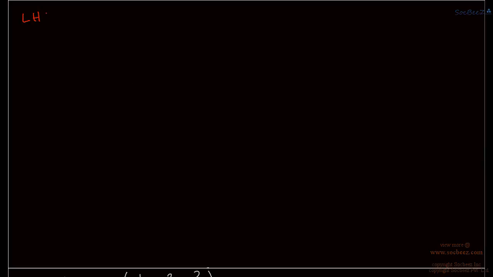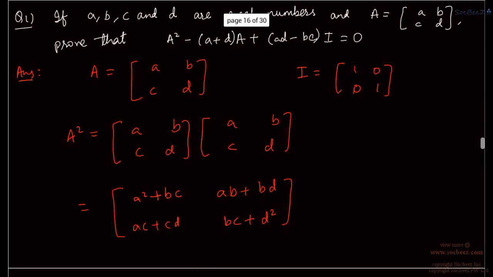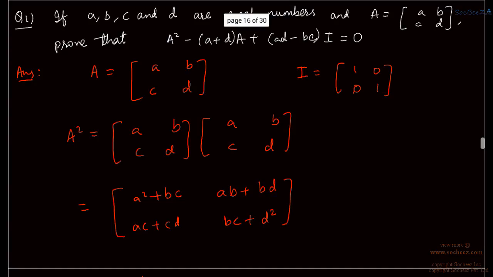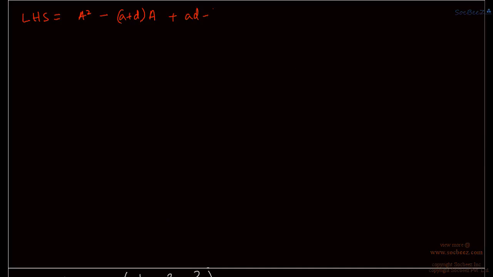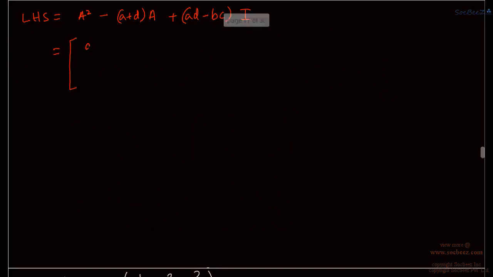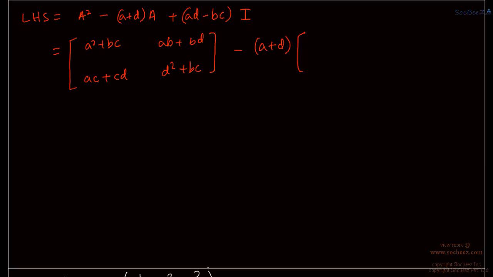So my LHS is A², which is [a² + bc, ab + bd; ac + cd, d² + bc], minus (a + d) into A, which is [a b; c d], plus (ad − bc) into [1 0; 0 1].